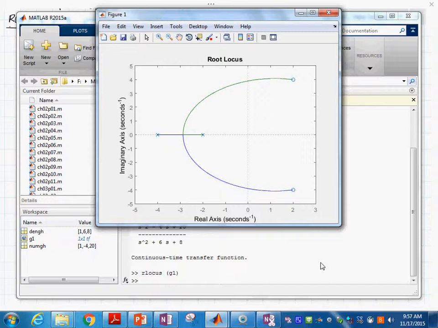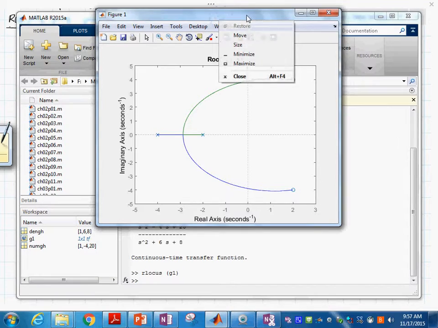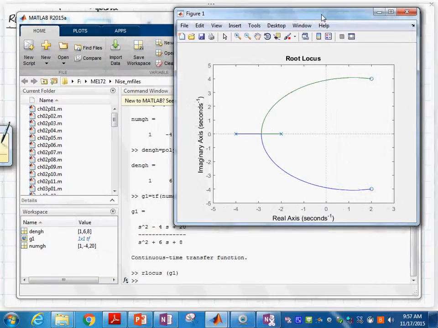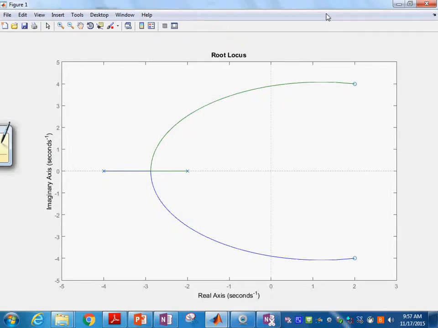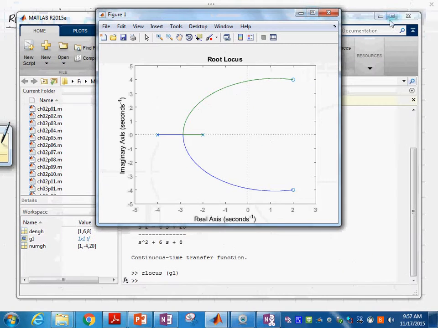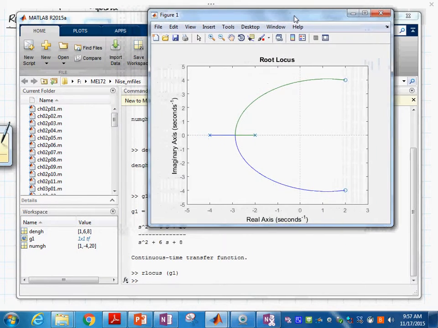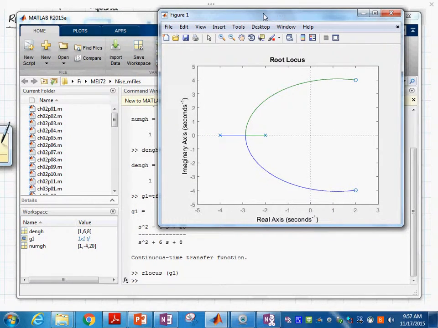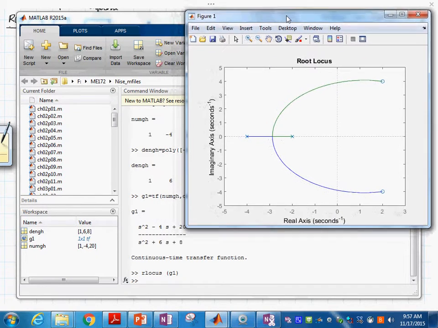You see, what this is trying to say is, hold on for a second. The roots of the numerator are called zeros, remember? So let me just put it there.